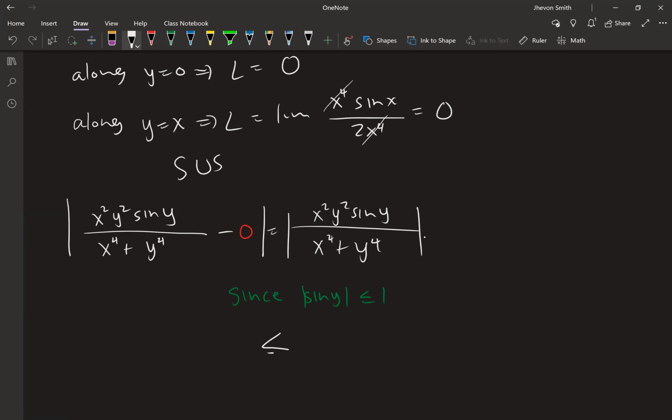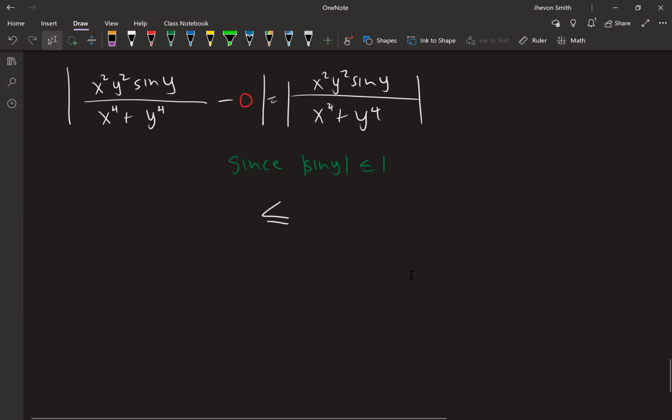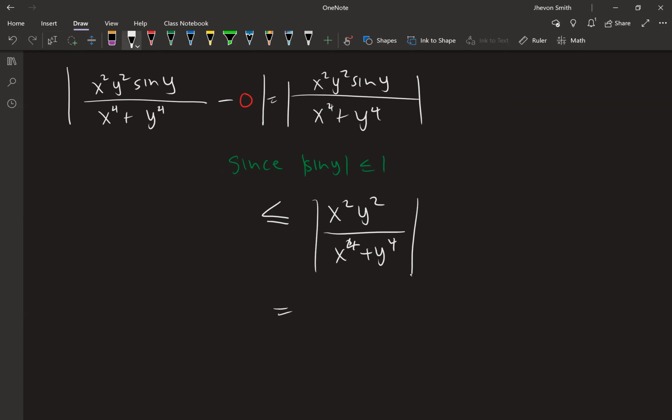Well, that's less than or equal to, if I replace the sine in the numerator with 1, I would get that. Now, can I figure out a way to get that to be a function that approaches 0 for sure?